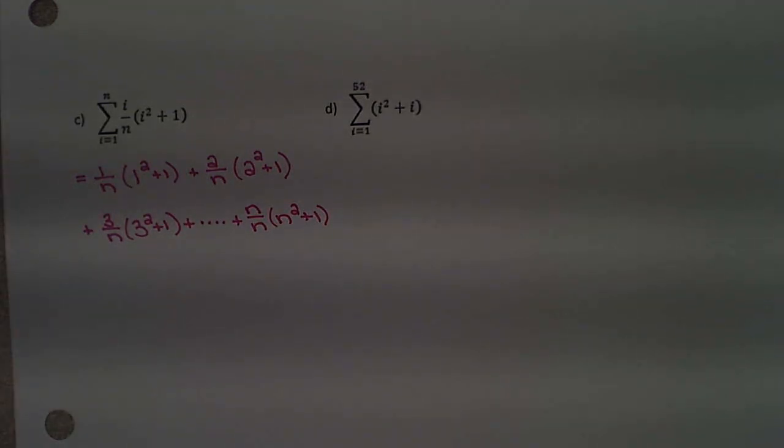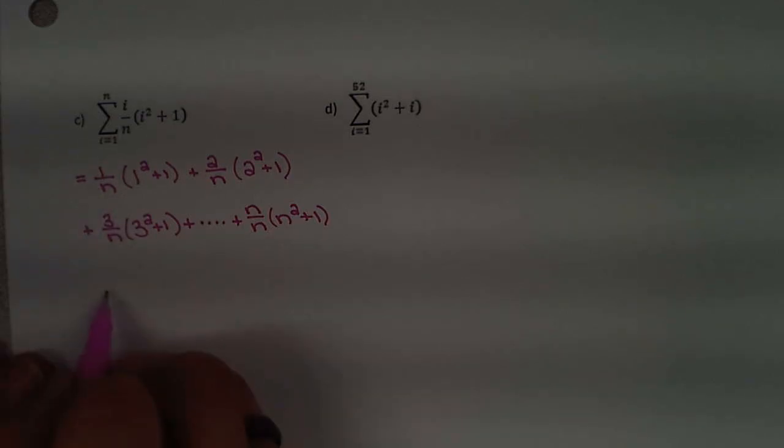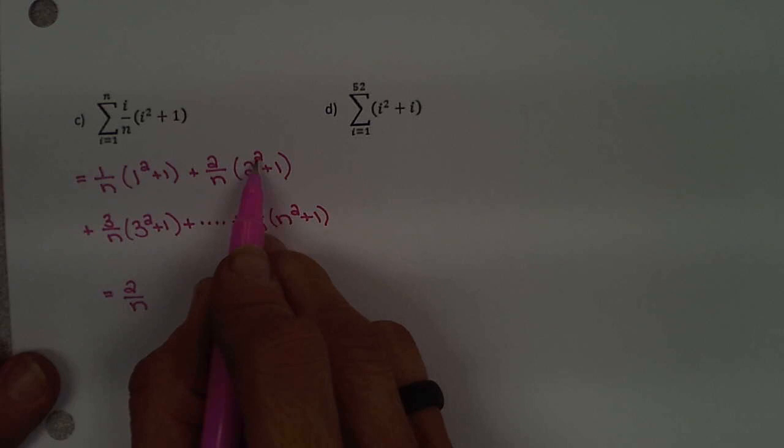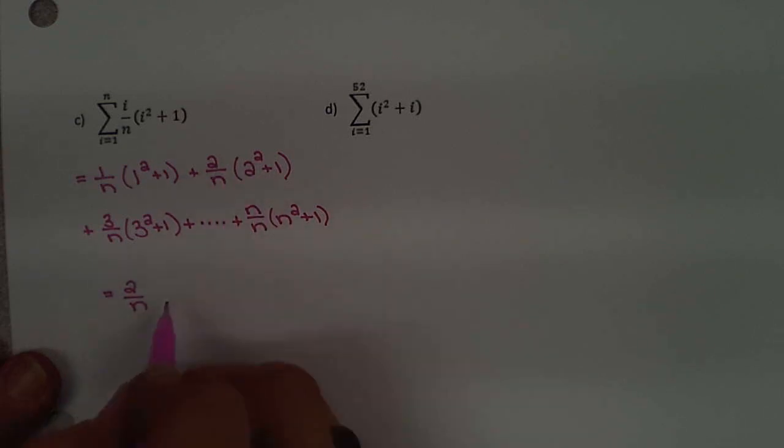Now we could on this one go through and do a bit of simplifying. It's not necessary to do that on here, but you could go in and say that this is really a 2, and the 2 times the 1 over n would actually be a 2 over n. Here this 2 squared would make a 4, 4 plus 1 is 5, 5 times 2 is 10, so that's really a 10 over n.